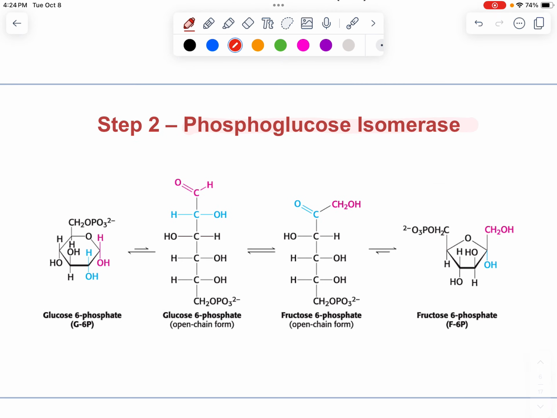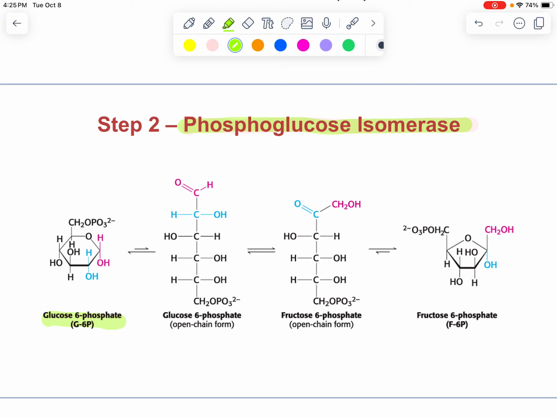The second step, let's look at our term for our catalyst, okay, our enzyme. So phosphoglucose, so there's our starting molecule, right, over here on the left. Phosphoglucose isomerase. So think what isomerase sounds like.